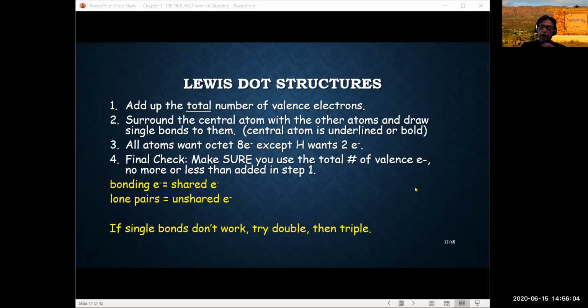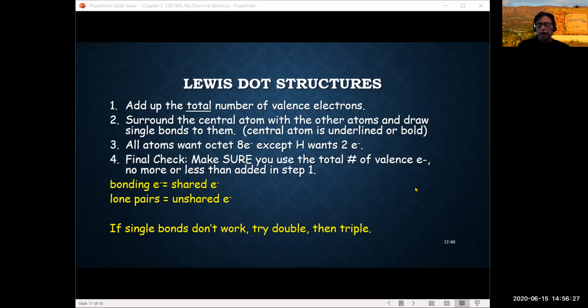Okay. Now, once we know how many valence electrons we have, that's the number we have to work with. We can't arbitrarily add more electrons or take electrons away. If we have 8 valence electrons, then we've got to work with 8 valence electrons.